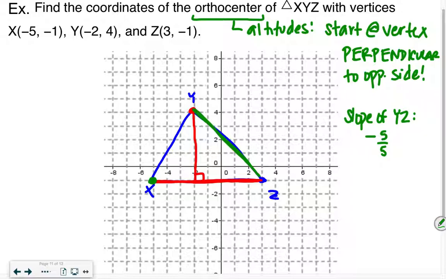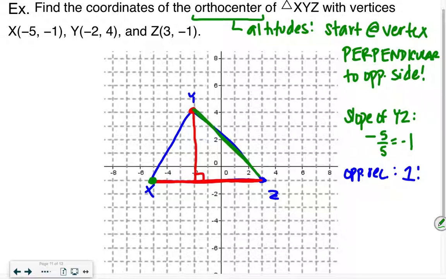Okay. And we can reduce that. What does that reduce to? -1, very good. And what's the opposite reciprocal slope of -1? 1, very good. So opposite reciprocal is going to be 1.